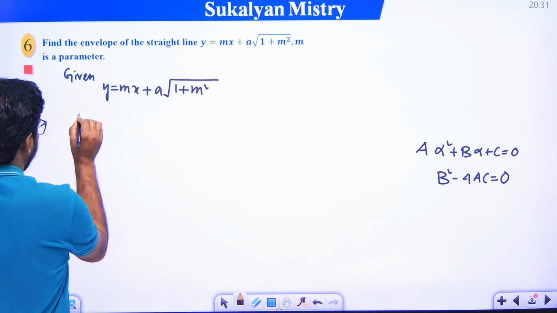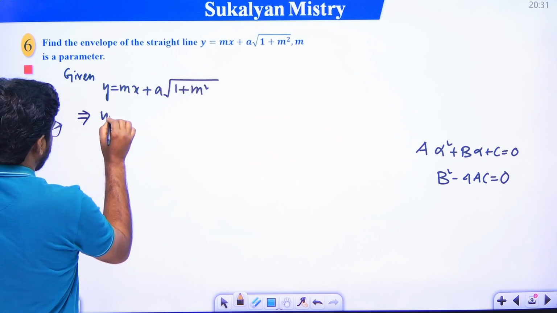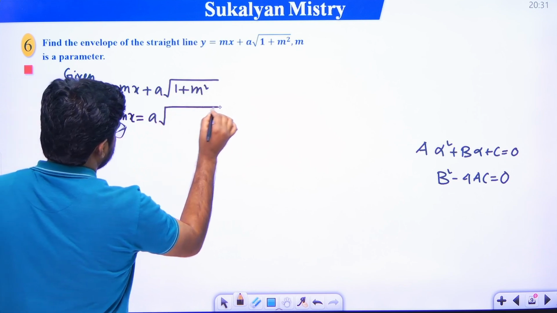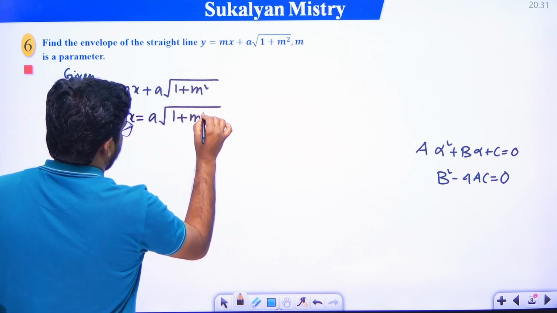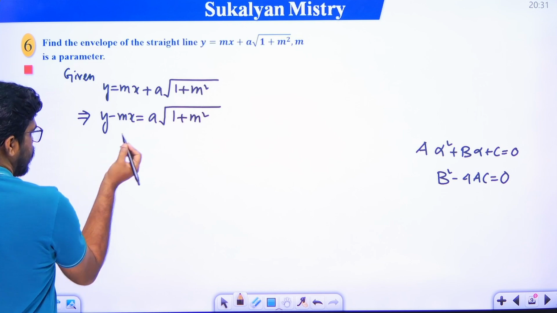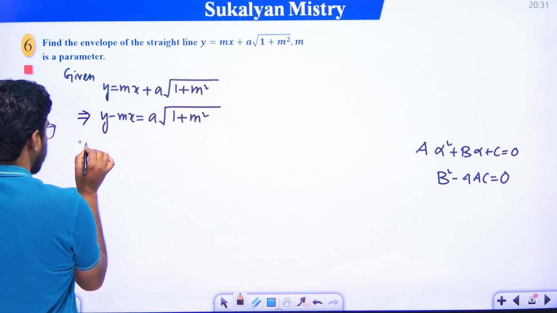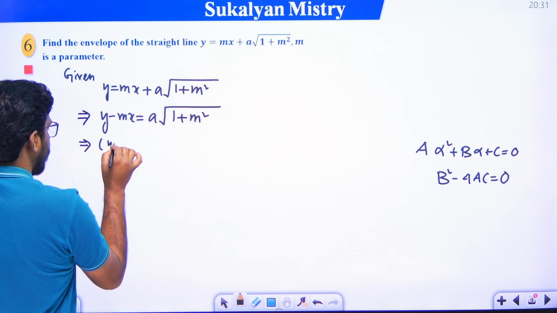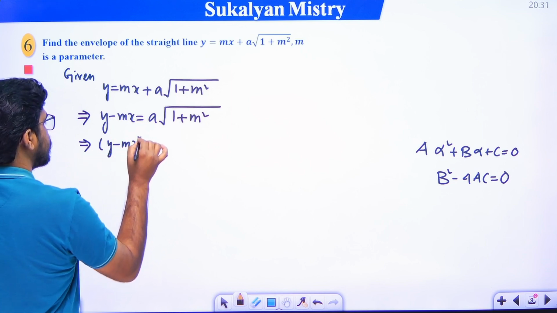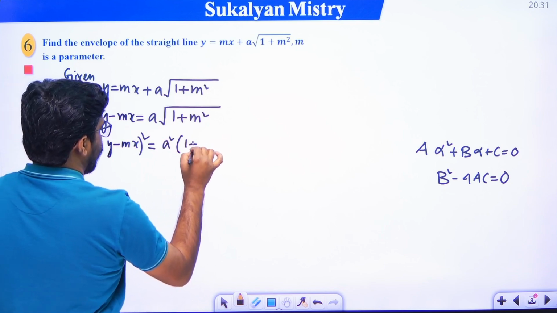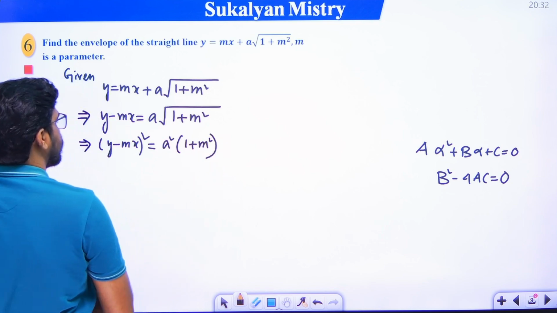So this implies y minus mx is equal to a into root over of 1 plus m square. Now squaring both sides, so this implies y minus mx square is equal to a square into 1 plus m square.